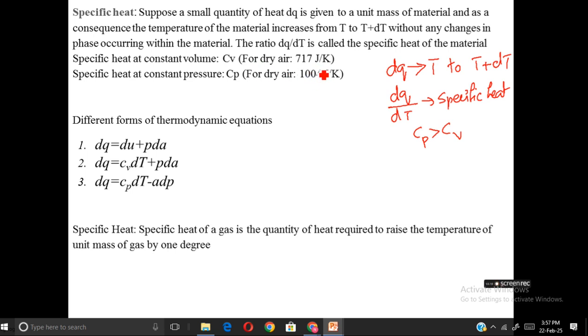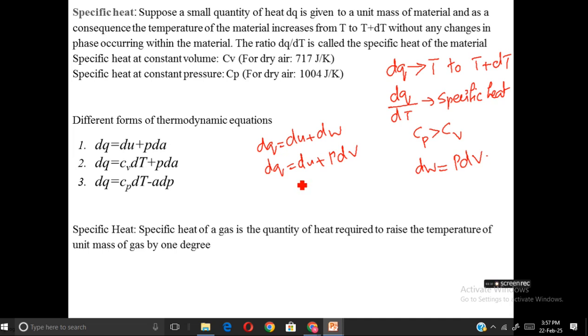So why is Cp greater than Cv? We know from the first law of thermodynamics that dQ is equal to dU plus dW. And dW is basically the pressure volume work, so it can be written as PdV. So dQ is equal to dU plus PdV. This is the first law of thermodynamics, right?